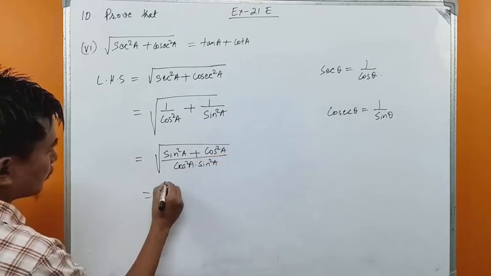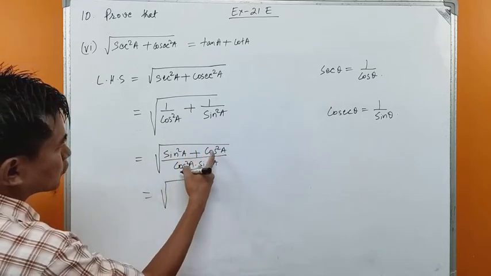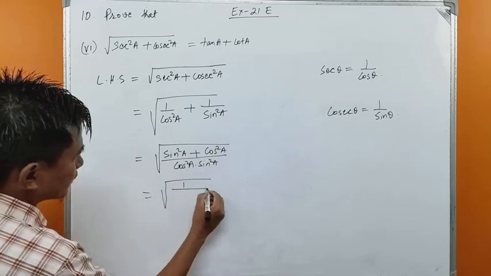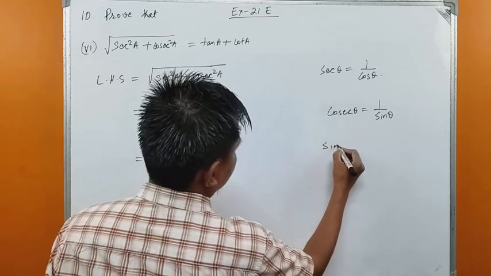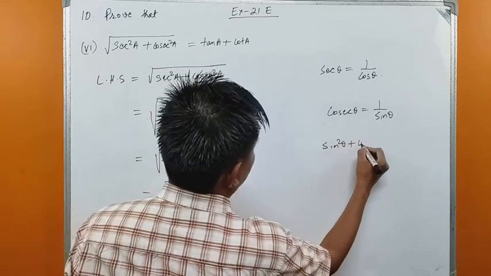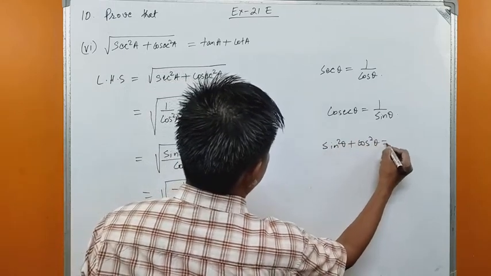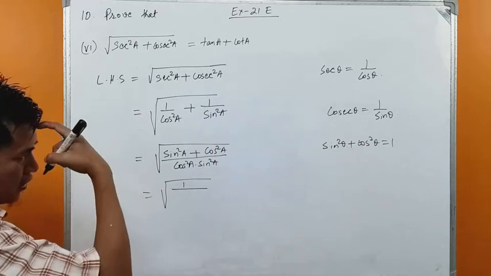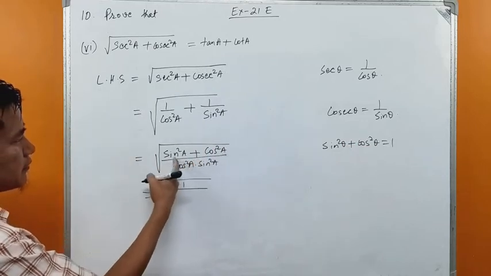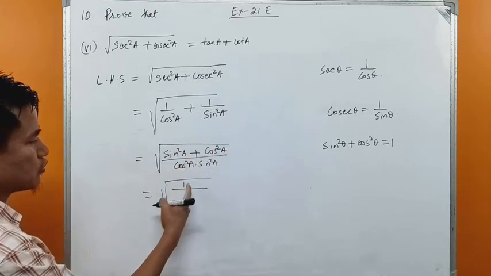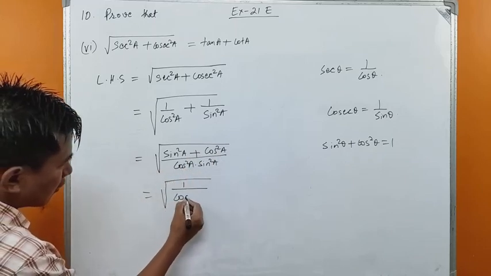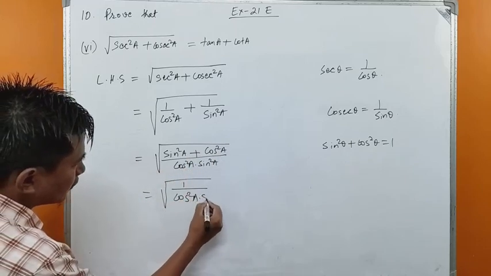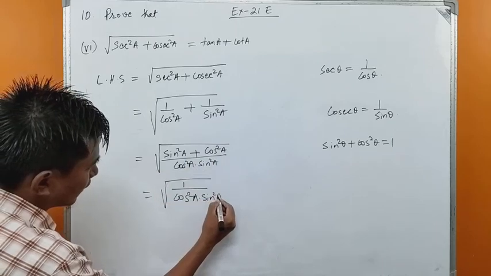So root under sin square A plus cos square A means 1, isn't it? Sin square theta plus cos square theta equals 1. This is the formula. So if the angles are the same, then sin square A plus cos square A equals 1. In the denominator we have cos square A into sin square A.